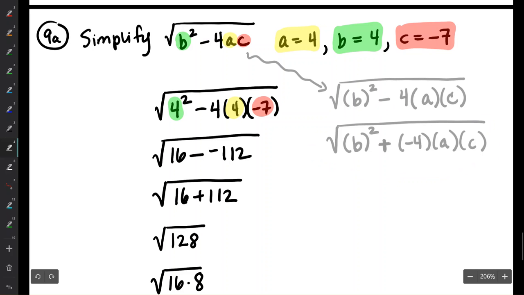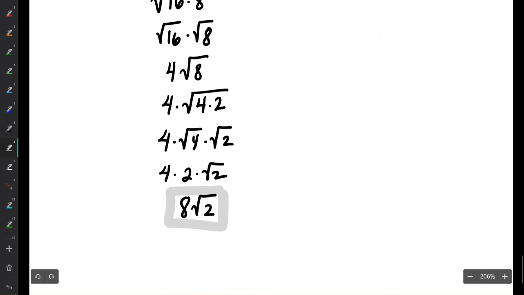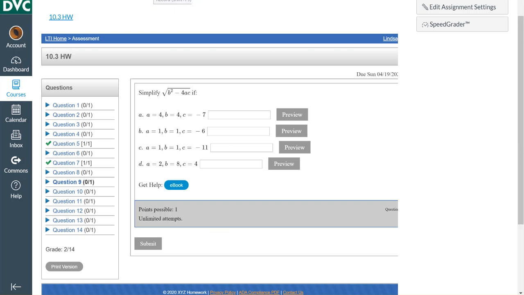That makes simplifying a lot easier. Let's go ahead and put in 9A, put our answer in, see how we did. All right, so we only did A together.